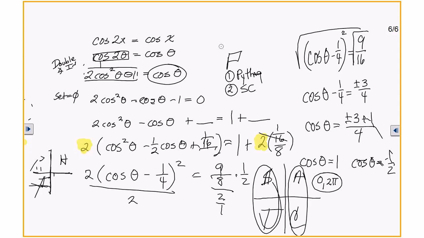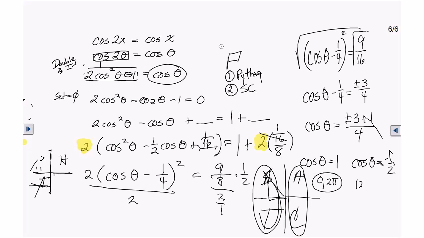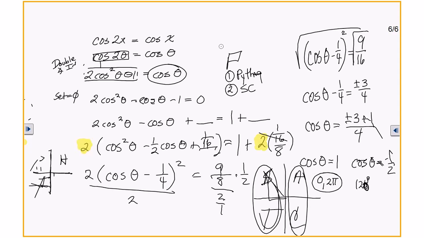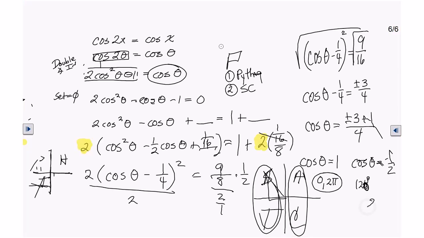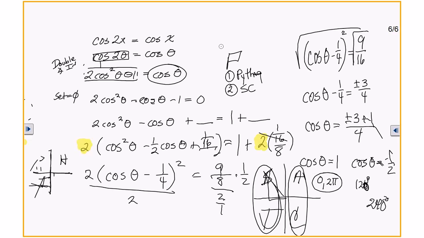So that means here it's 1/2. Wait, yeah, that's your 120. So 120, and then 240. So the answers are 0 or 360, whichever one you want to write, and 120 and 240.